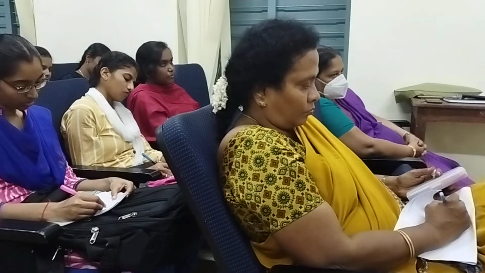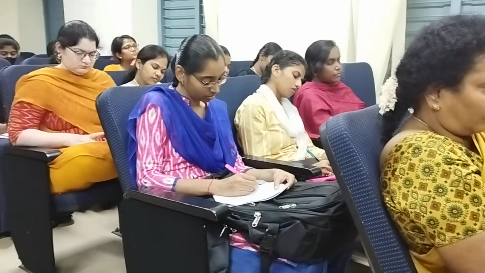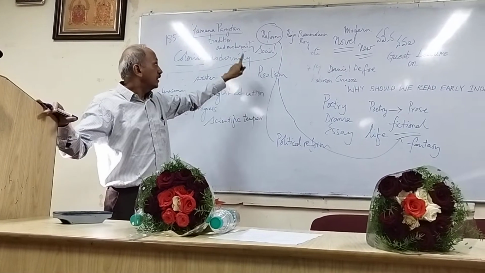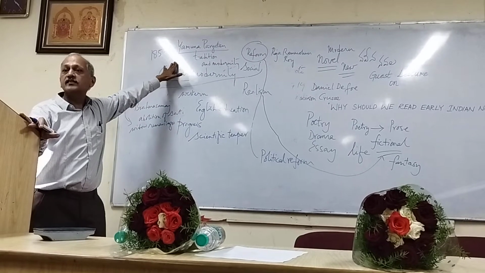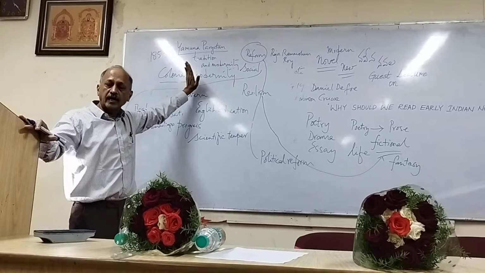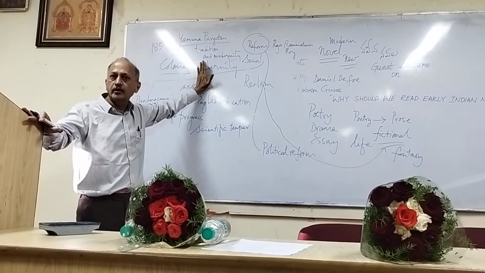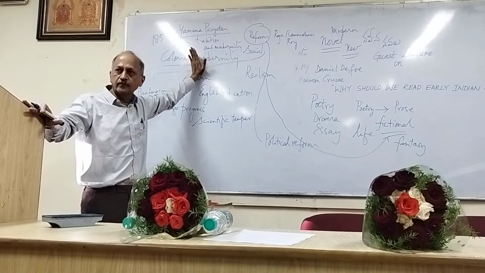Now, if you want society to progress, if you want social reform to happen, if you want women to be free from child marriages and ready for remarriages, what is to happen is for them to be educated. It was one of those earliest novels which had a positive attitude towards education of girls.